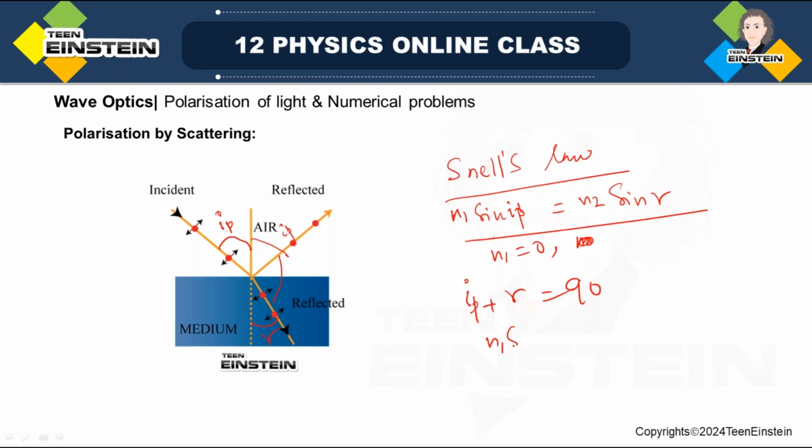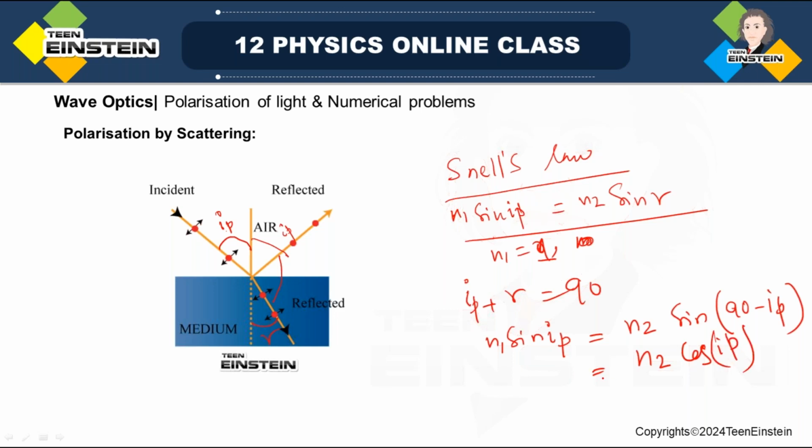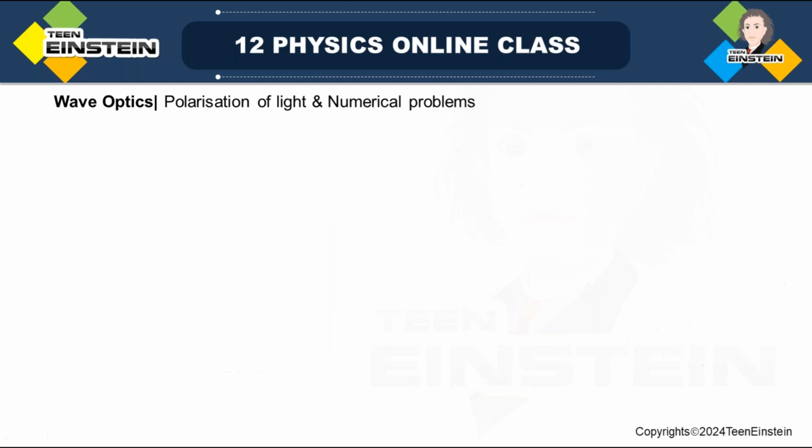So N1 sine I_P, N1 is 1, and N2 sine R, I'll write 90 minus I_P, so this is cos of I_P.